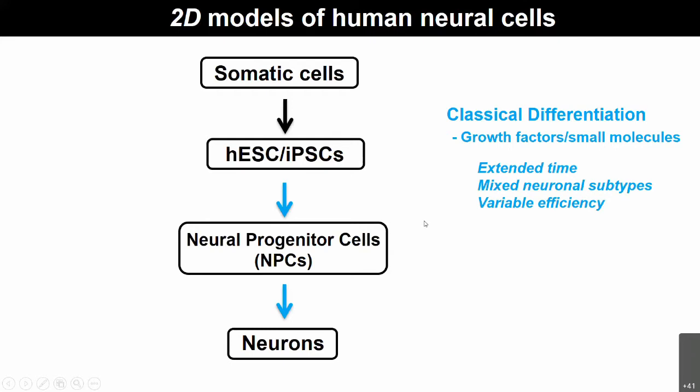And then you can do what we call classical differentiation using different patterning factors and all that stuff to make them into neural progenitor cells and then into another round of maturation into neurons. Now this is fine, but this is what scientists have been doing for the last 20 or 30 years, and we learned a lot, okay? But there are certain caveats with this system. That is, it takes a longer time, and usually you get mixed neuron types and variable efficiencies.